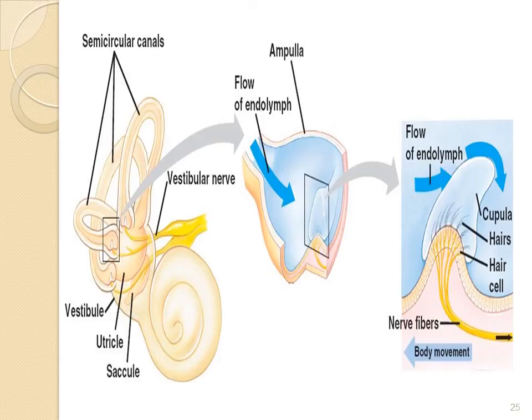Two types of hair, kinocilium and stereocilia, and these hairs move when the movement of the head is sensed, and send signals or impulses to the nerve fibers to be recognized by the cerebellum. It can be a rotation, or body movement from up to down or right or left.